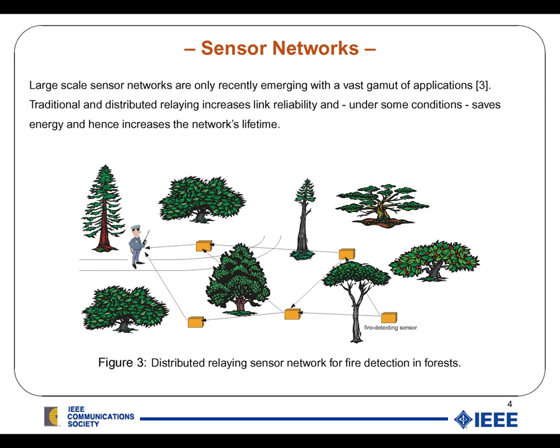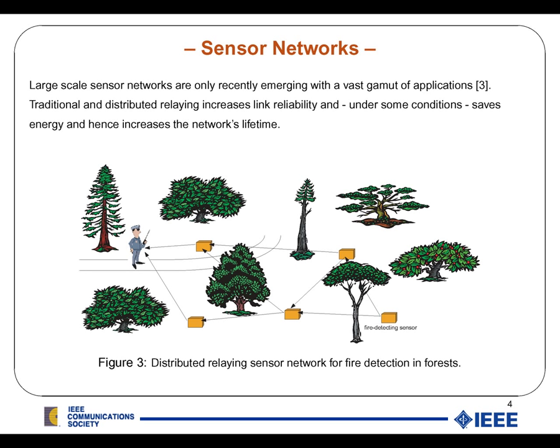Therefore, one of the paradigms we need today when we design these types of networks, and we also design them from a distributed cooperative point of view, is that you do not need to maximize lifetime. You need to optimize it for a certain period of time. Let's say you need to optimize your network's lifetime so that the network runs for 15 years.